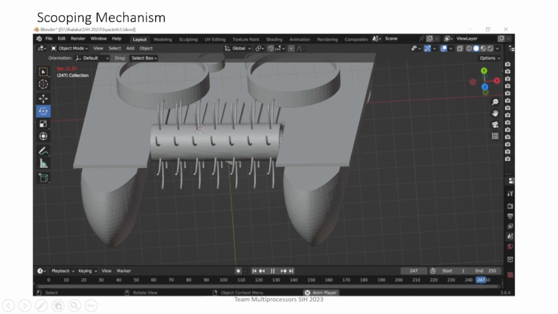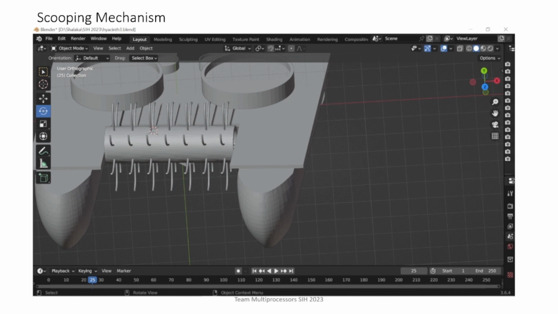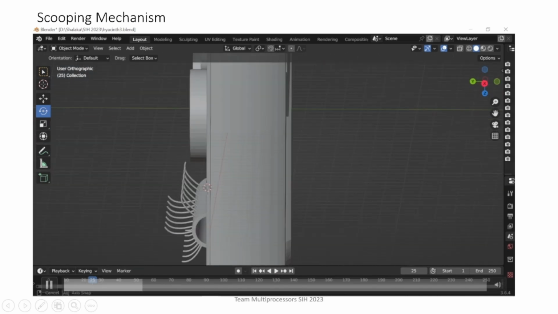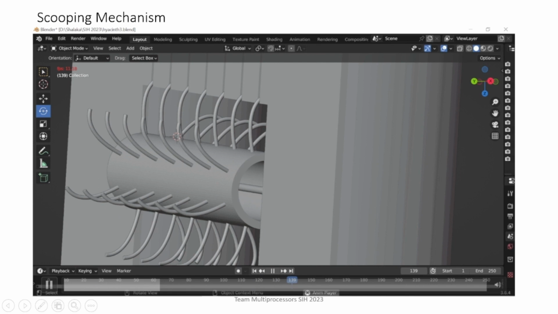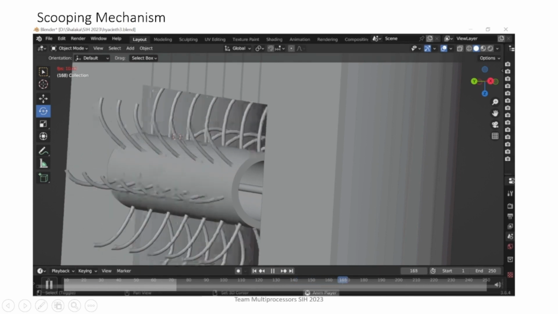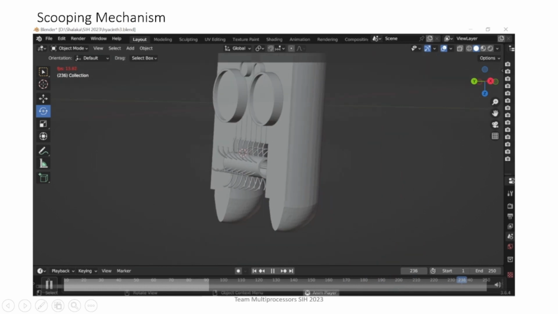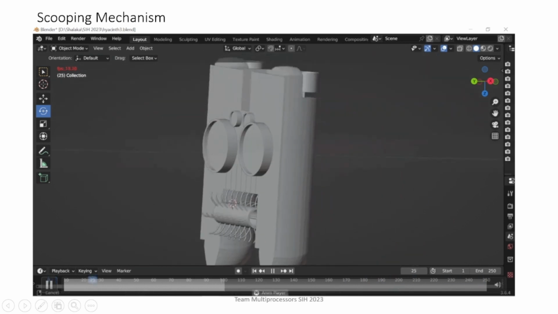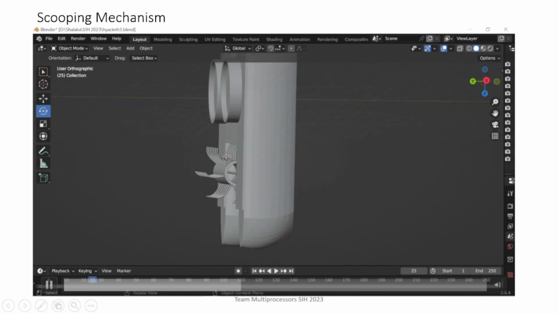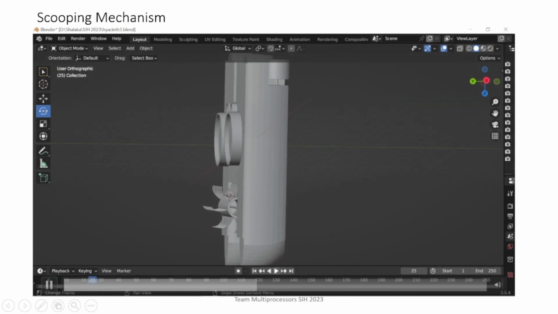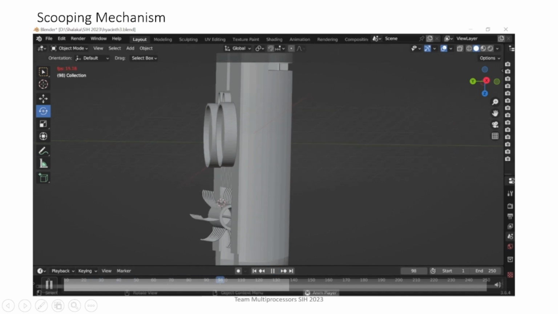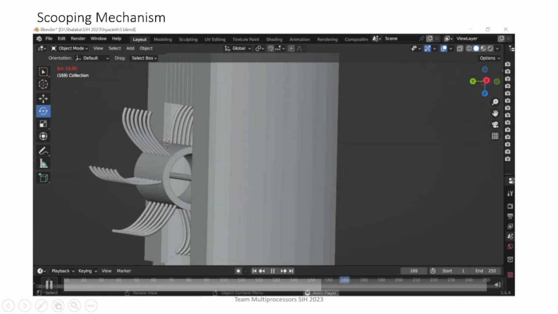The scooping mechanism consists of a cylinder with spikes like a comb which will scoop up the water hyacinth present on the water surface, and it would get stuck into the comb like structure to remove it from the rotating hull. And this sludge of residue plant would be then passed on to the crushing mechanism, which would reduce the volume of the collected plant.